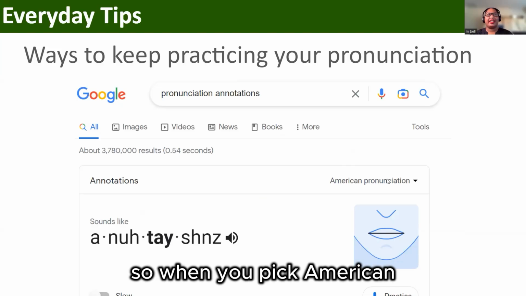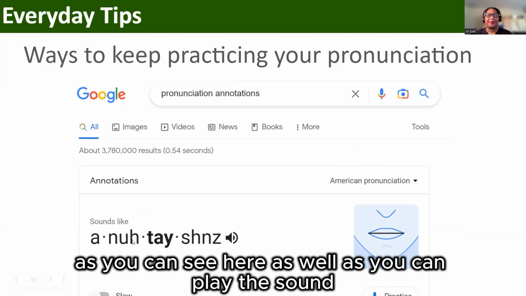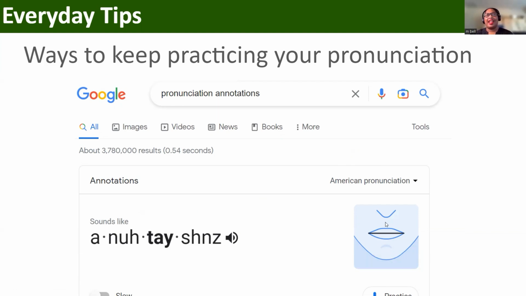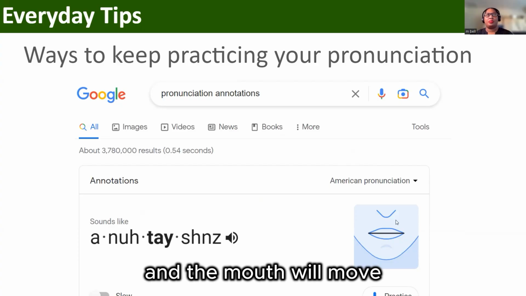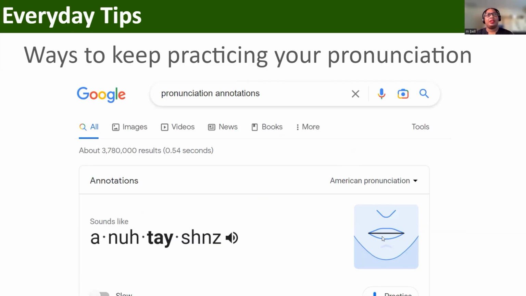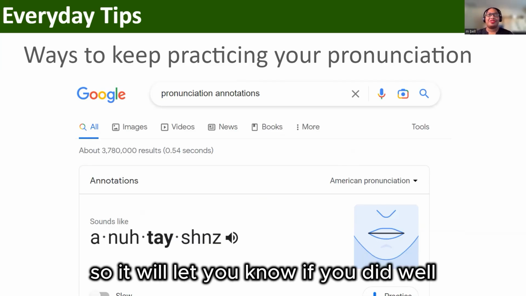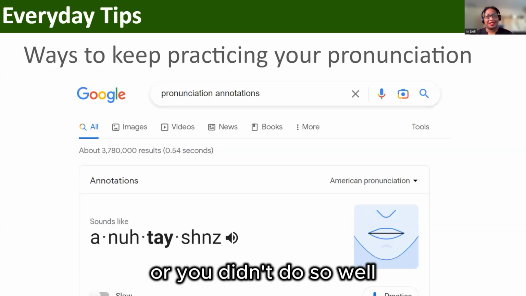When you pick American, it will show you the breakdown of the syllables, as well as you can play the sound, and the mouth will move to show you what the sound looks like, so how to pronounce it. You can also practice for yourself. It will let you know if you did well or you didn't do so well.